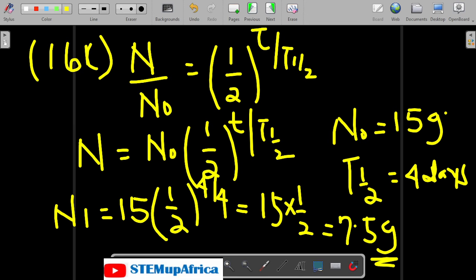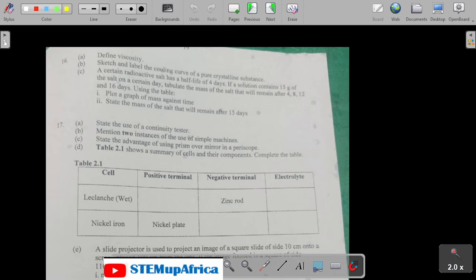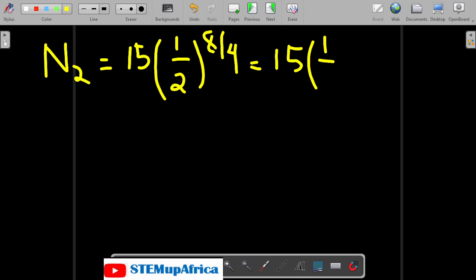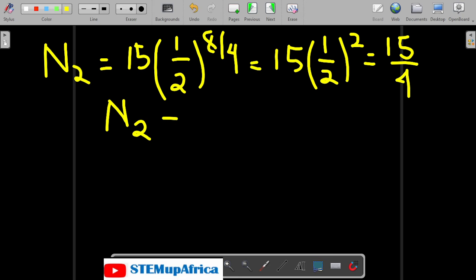Then the next is 8 days. So my N2 is 15 times 1 over 2 raised to 8 over the half-life, which is 15 times 1 over 2 raised to power 2. It's simply 15 divided by 4. So my N2 will be 3.75 grams.